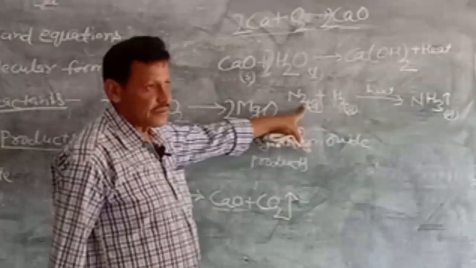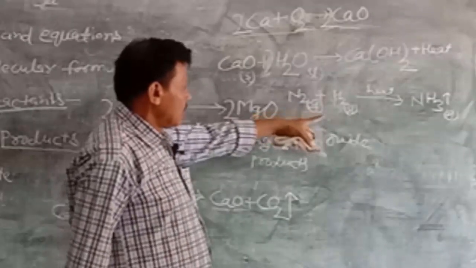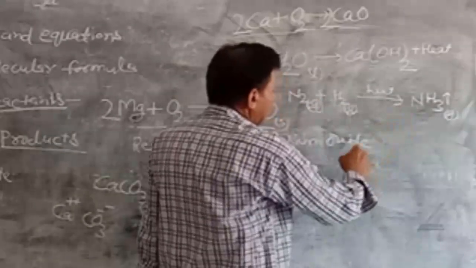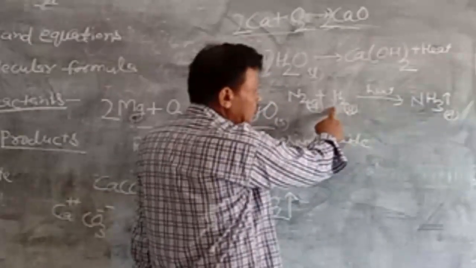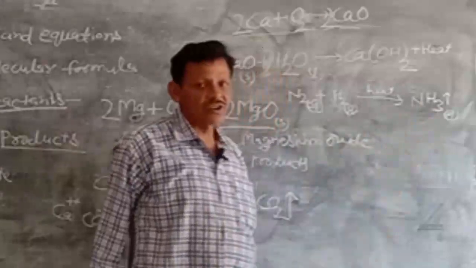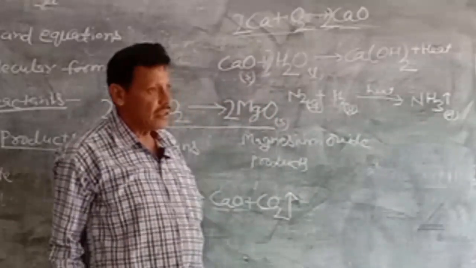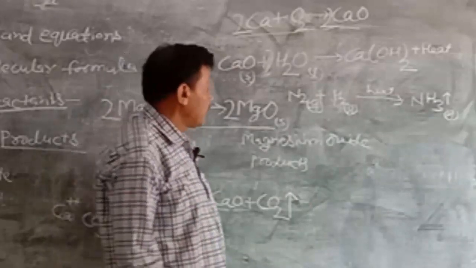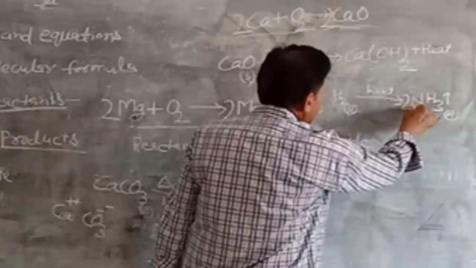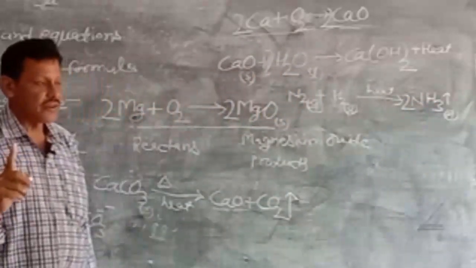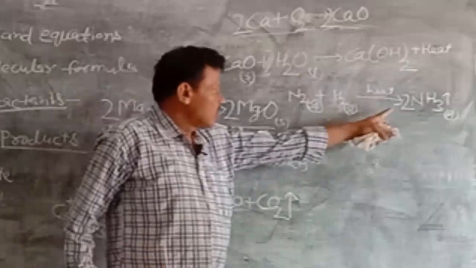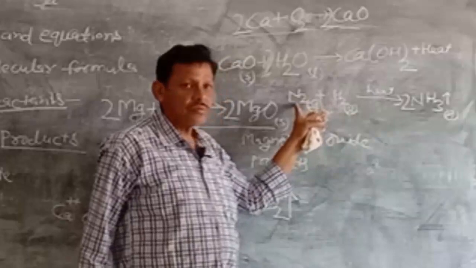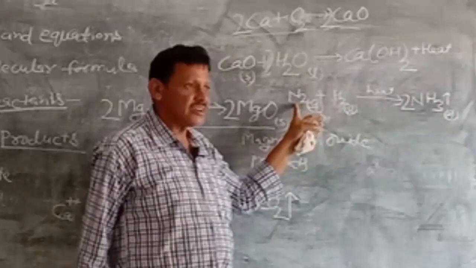Then we balance it. The number of nitrogen atoms in reactants is 2, in products it is single. The number of hydrogen atoms in reactants is 2, in products 3. Then we need to balance the atoms so both sides are equal. With 2NH3 we balance the nitrogen atoms: nitrogen in products is 2, in reactants also 2.